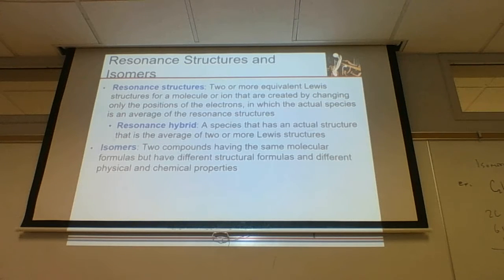Nitrogen. What does nitrogen like to do? Nitrogen likes to have 3 single bonds and a lone pair. Right, we saw that in ammonia. Or sometimes nitrogen would like to have 4 single bonds. But if it has 4 single bonds, then what happens? It goes +1. Or nitrogen has 2 single bonds and 2 lone pairs.